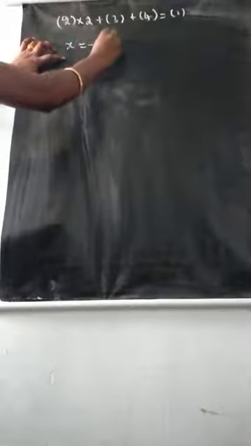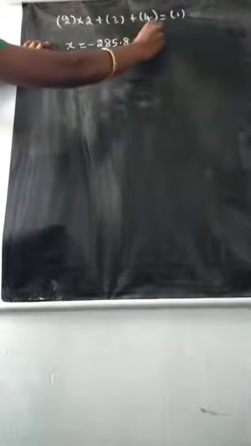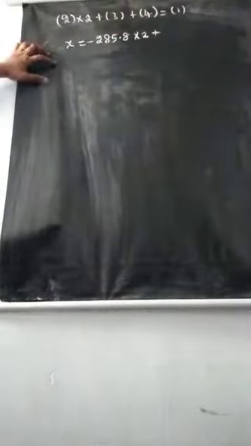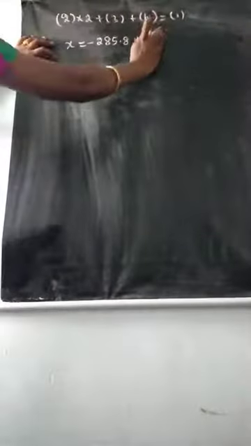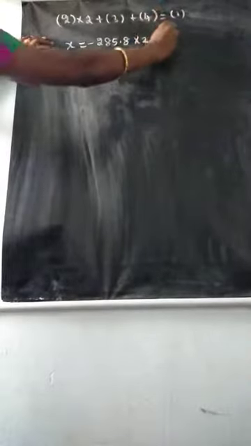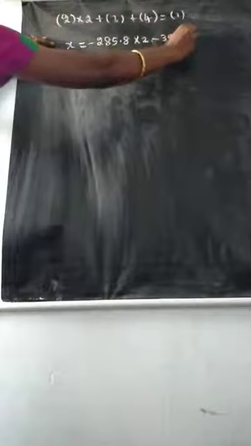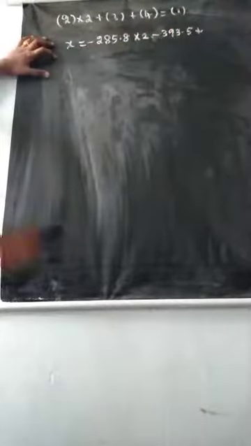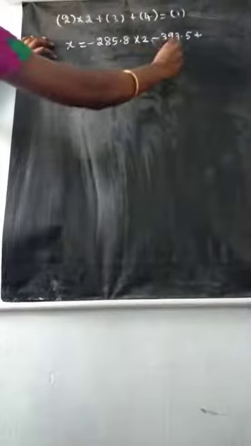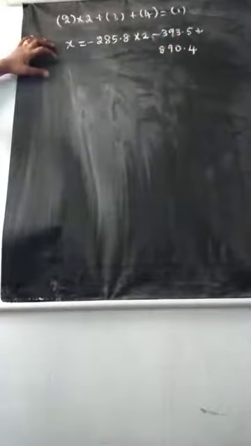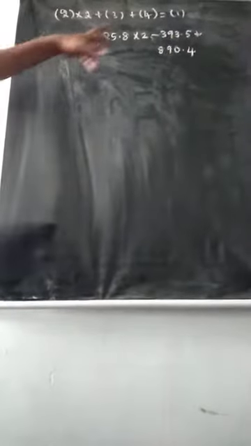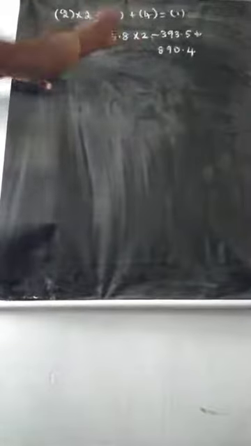Equation 2 value, you know, is minus 285.8, so minus 285.8 into 2, plus equation 3 delta H naught value, minus 393.5, plus equation 5 answer, 890.4. First multiply this by 2: minus 285.8 into 2.